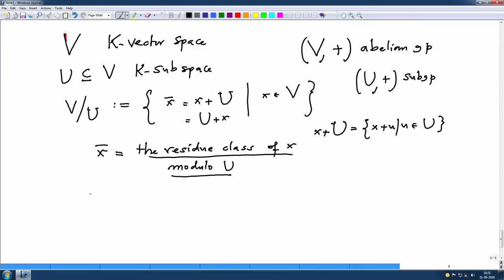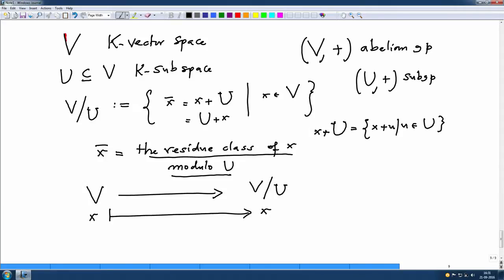Okay, now what is the map V to V by U? This is the quotient map. Any x here goes to x bar. So the fibers of this map are precisely the cosets, and this map is surjective, that is clear.